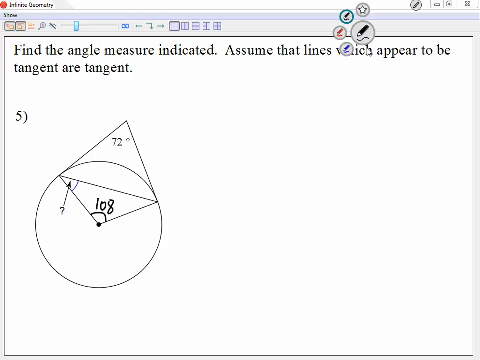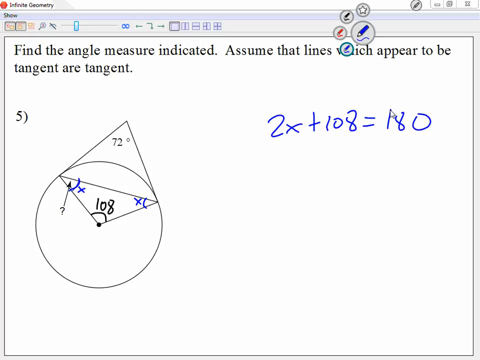So now, let me look at the triangle. One angle is x. The other angle is also x, right? So it's an isosceles triangle. Looking at the triangle, if you add everything, you technically have 2x plus 108 equals 180.